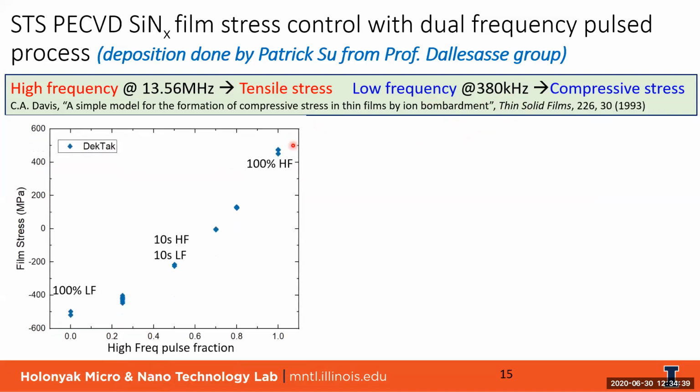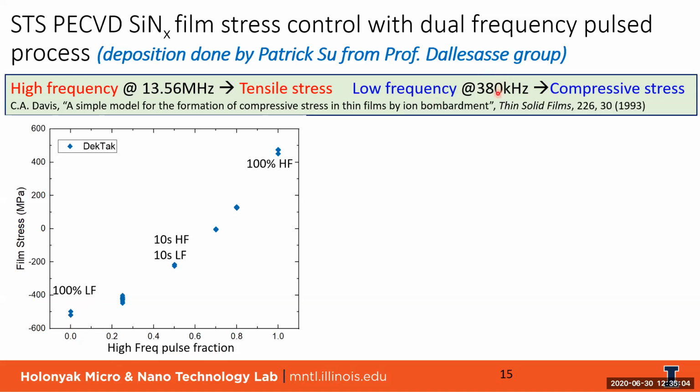So his experiment is to change the high frequency pulse fraction. I plot here the stress as a function of high frequency pulse fraction. What I mean is, for 0 high frequency pulse fraction, it means 100% low frequency, so there's no high frequency component.